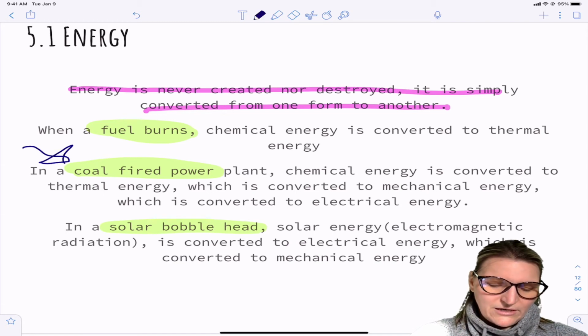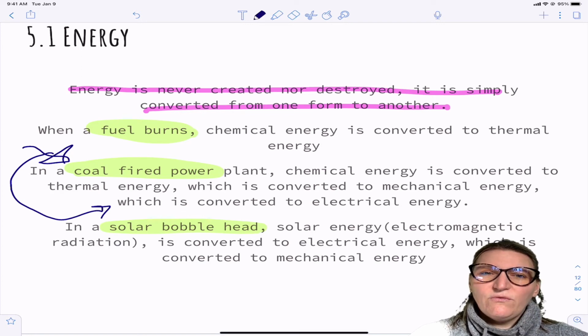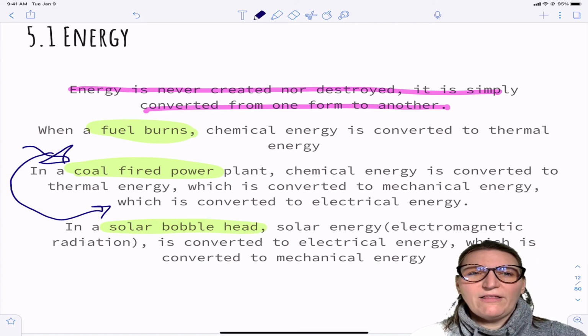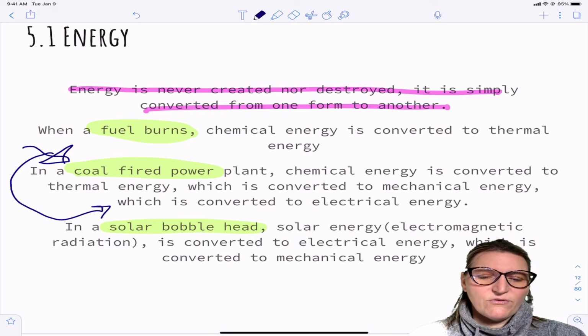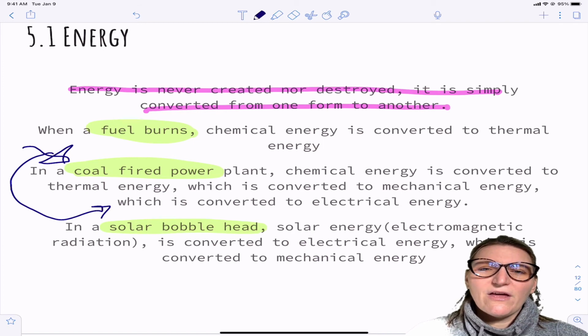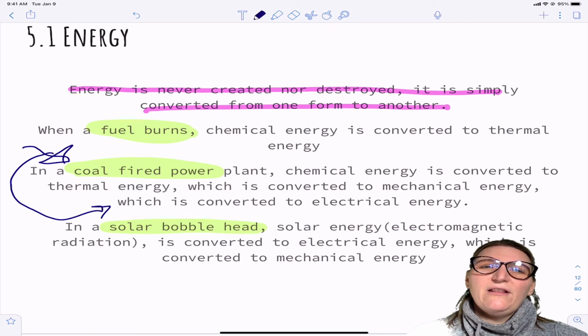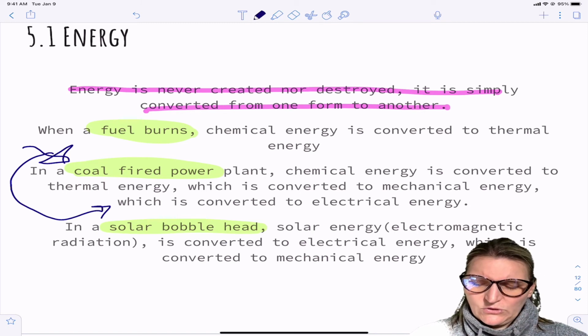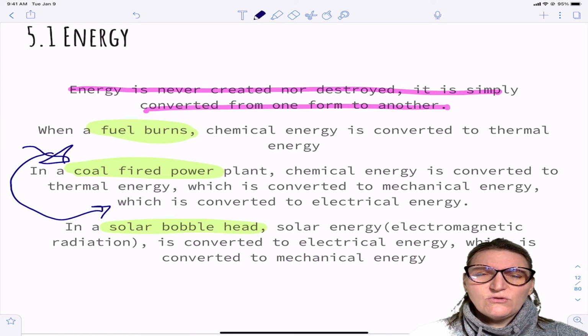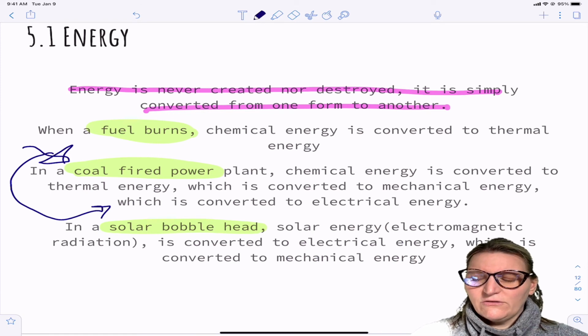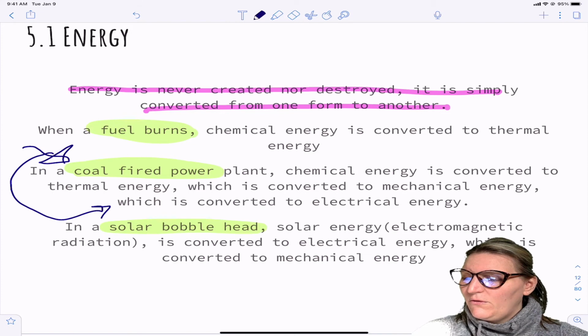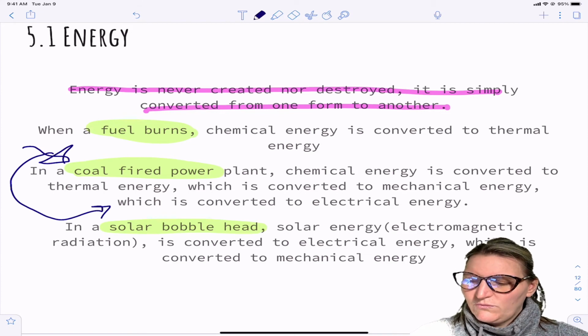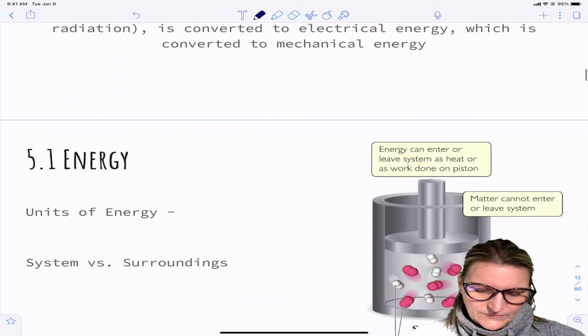There are so many different conversions along the way that aren't 100% efficient. We lose a lot of that energy in the form of heat. So solar cells, photovoltaic cells, are really promising when we're thinking about how this is moving forward.